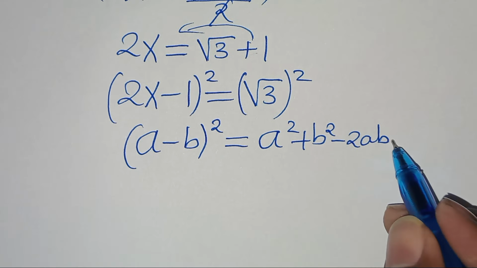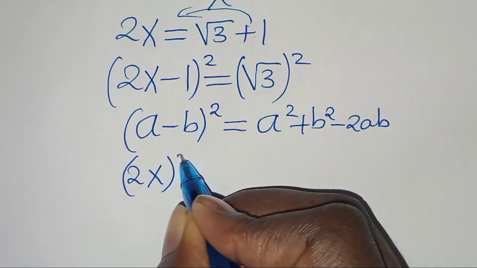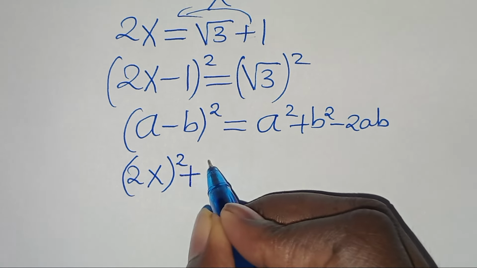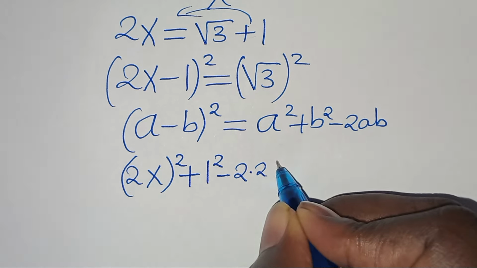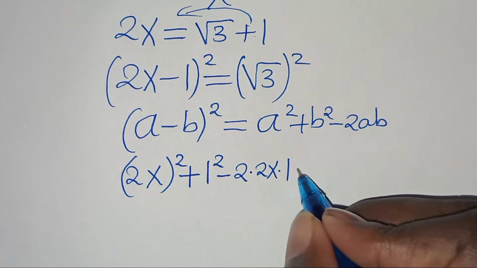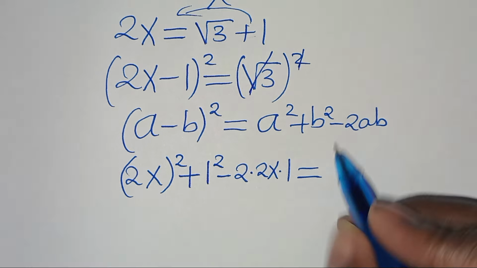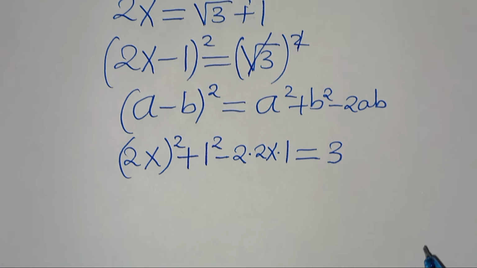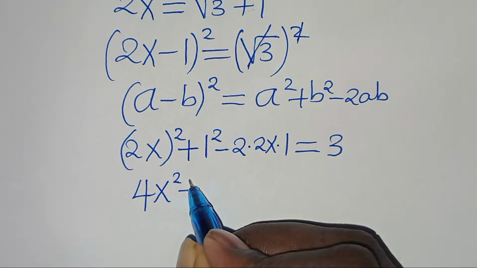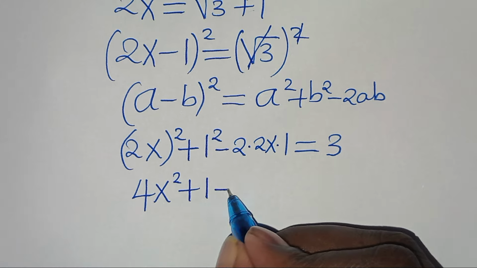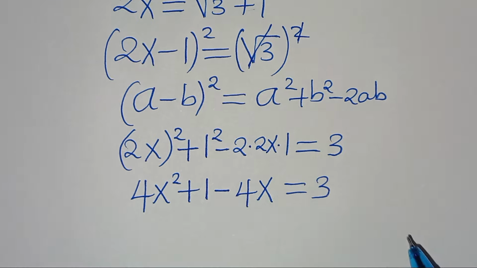Applying this algebraic identity, we have 2x raised to the power of 2, plus 1 squared, subtract 2 multiplied by 2x multiplied by 1, which is equal to square root of 3 to the power of 2. This means we eliminate the square root sign, so we have 3. So 2x to the power of 2 is 4x squared, plus 1 squared, this is 1, minus 4x, is equal to 3.